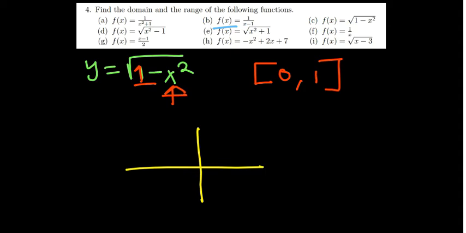If you put a 0 there, 0 will give us a 1. So that's where we're starting from: 0, 1. If you put a 1 there, you get what? You get a 0. 1 is the maximum number we are going for.